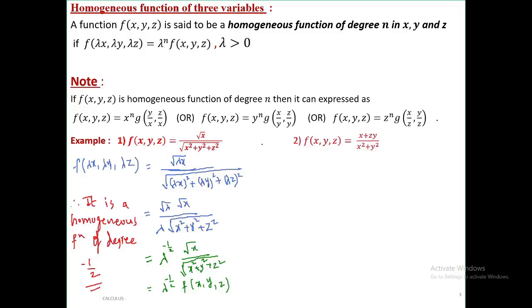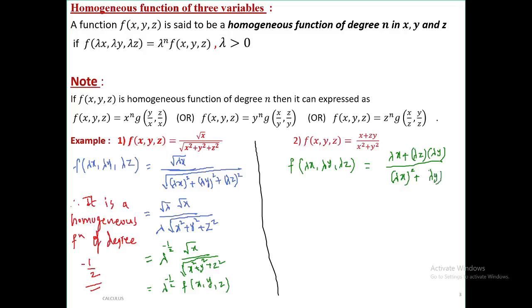Similarly, look at this one. What about this? Let us verify it. f of lambda x, lambda y, lambda z. Now this is lambda x plus lambda z into lambda y, divided by (lambda x) whole square plus (lambda y) whole square.